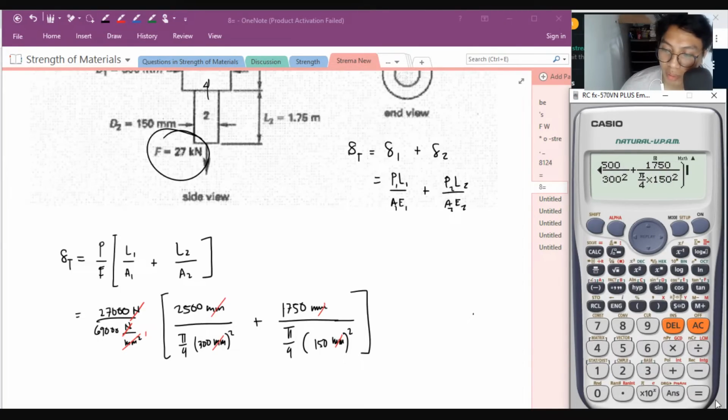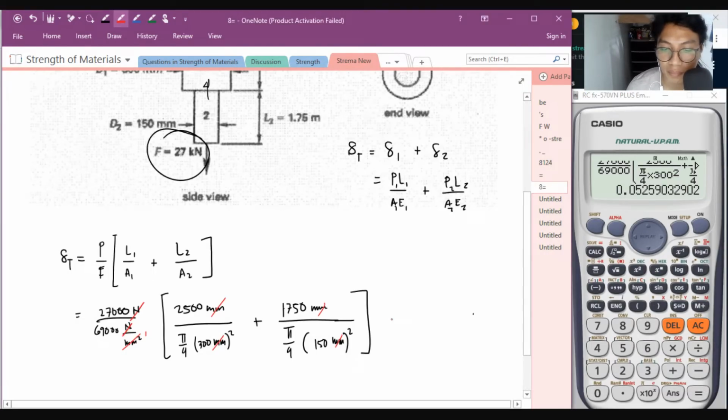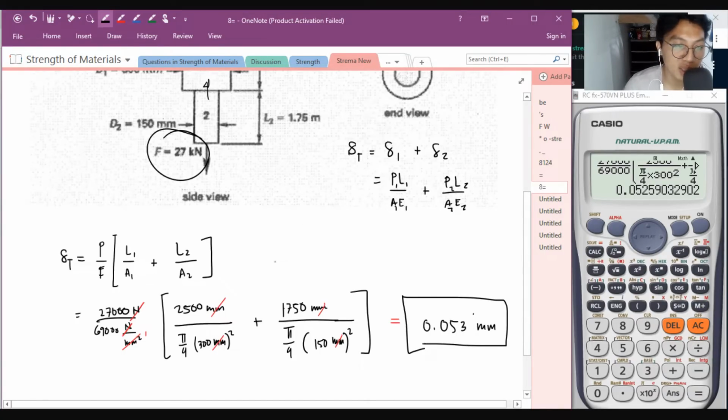Makuha natin yung value of elongation which is 0.053 millimeter, for that force ng pagbatak pababa.